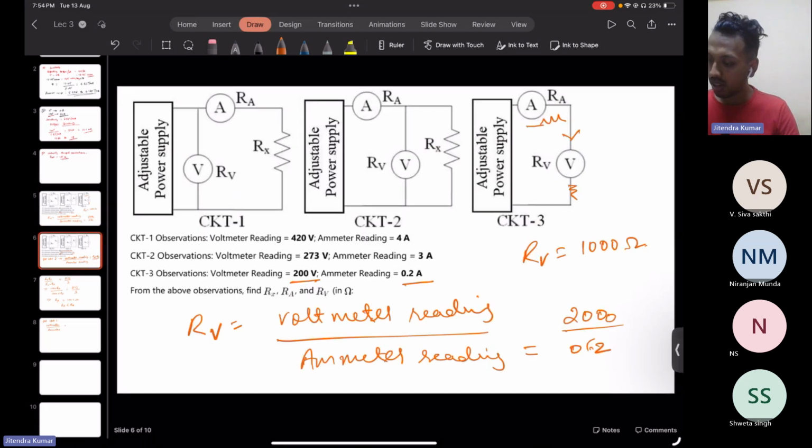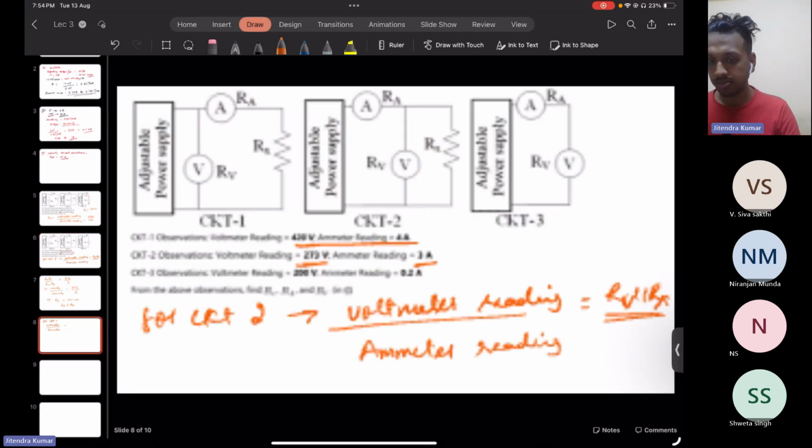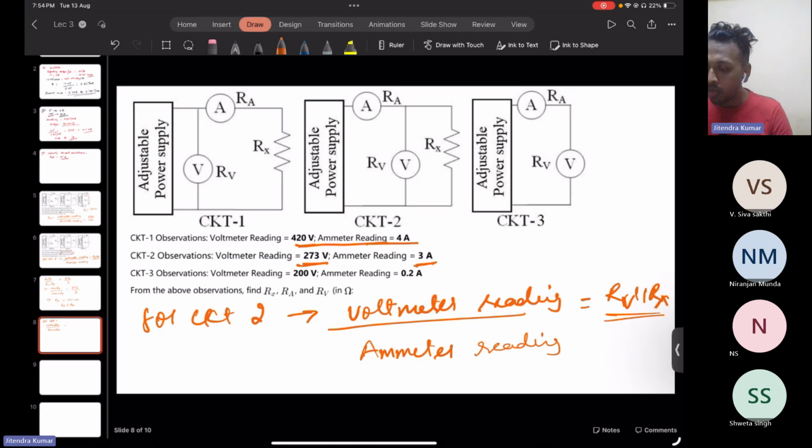Yeah. Circuit 1, RA plus Rx. Rx we just calculated in the last part as 100.1 ohm, and RA we can calculate from this expression.